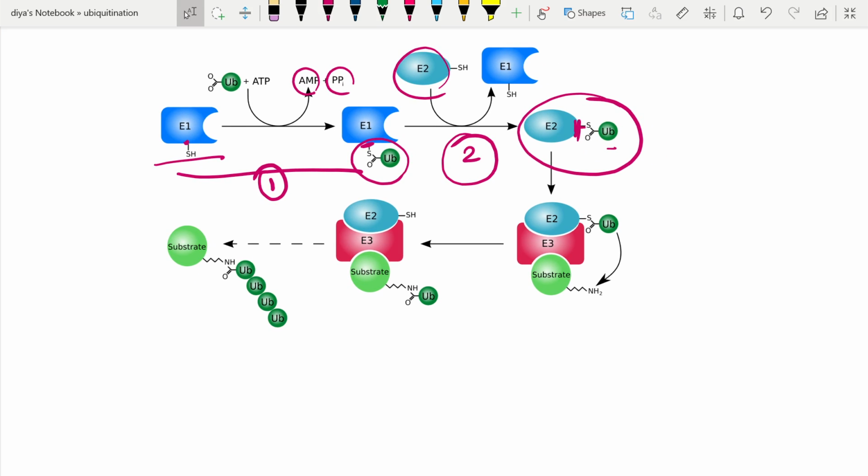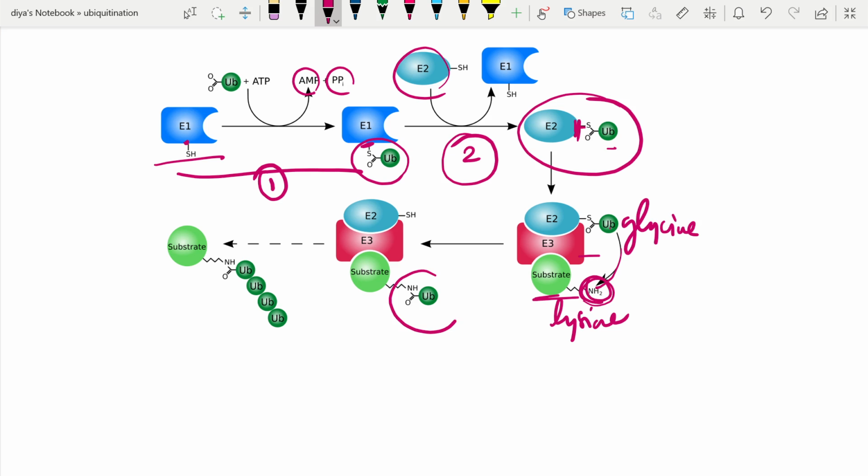In the third step, the E3 enzyme is attached to the substrate. Now the E2 enzyme comes and binds to this E3, and this ubiquitin is taken by the amino group of the protein residue lysine, and this is the glycine. This is taken away by the lysine N terminal, and they both form the isopeptide bond.